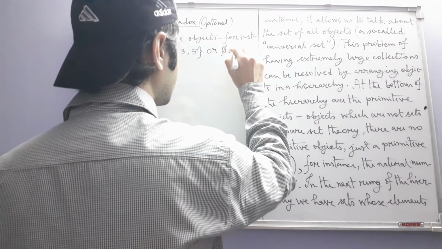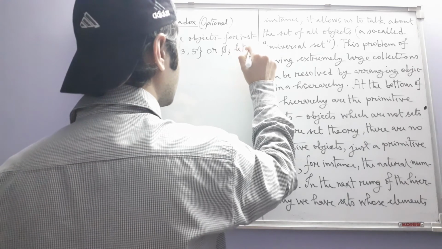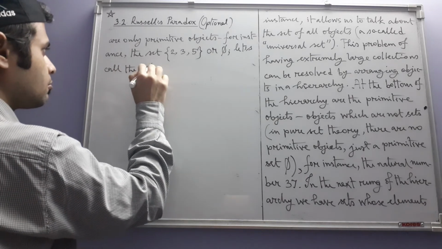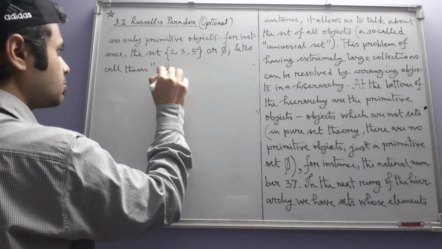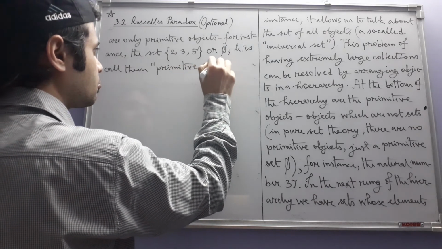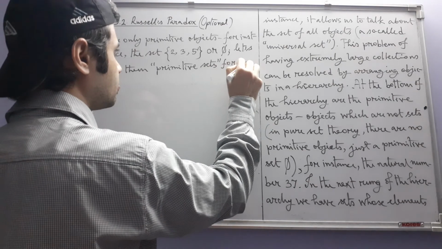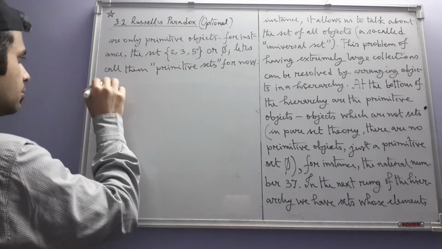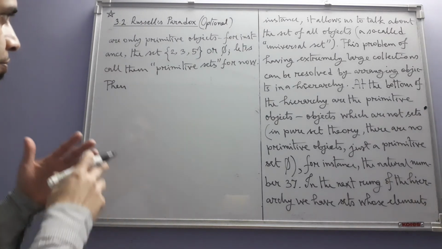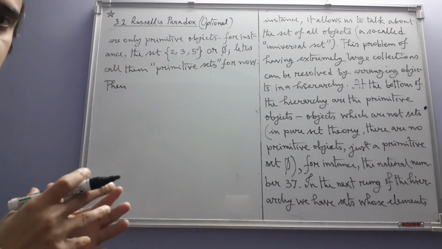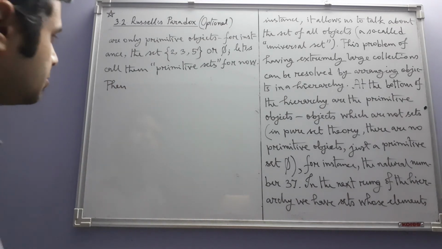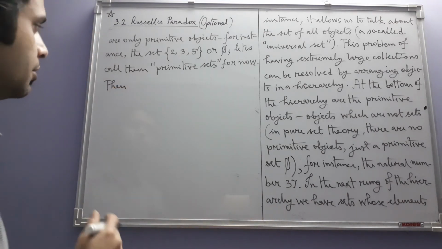Let's call them primitive sets for now. Then in the next rung we have sets whose elements can be primitive sets and or primitive objects.